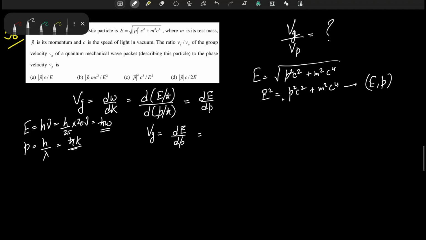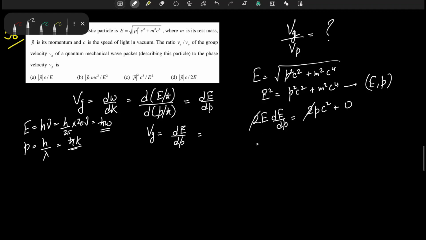So you can calculate dE by dP from here, because it's a function of E and P. Differentiating this whole equation with respect to P, because you want to get the dE by dP term, you will get 2E dE by dP equal to 2P c square plus, this is a constant term, so this will give 0.